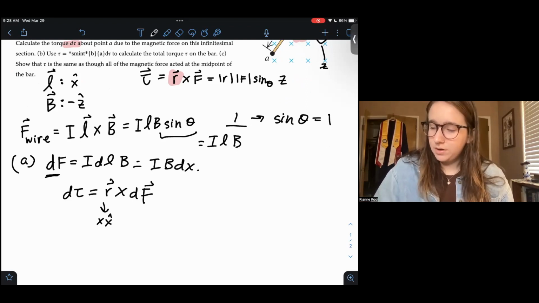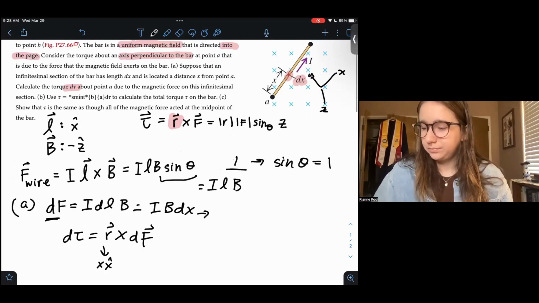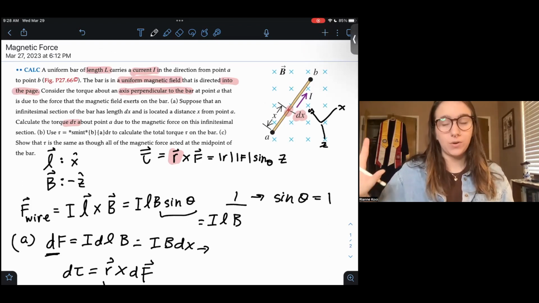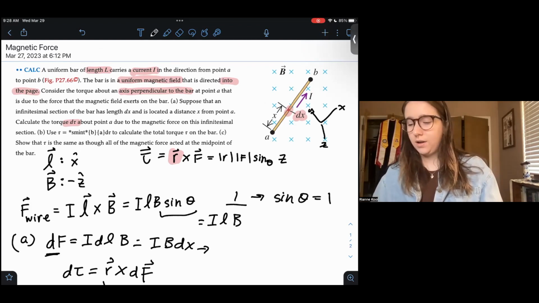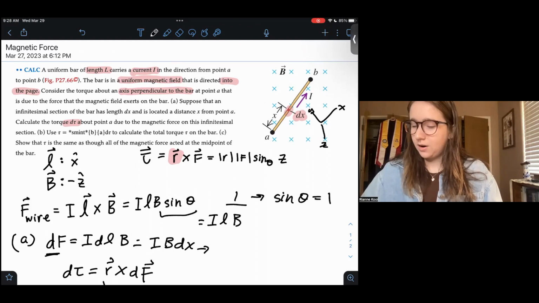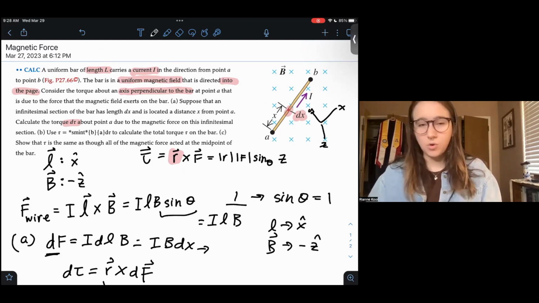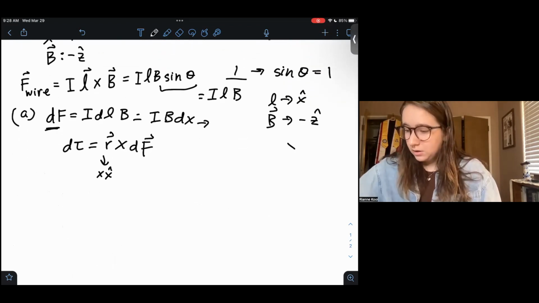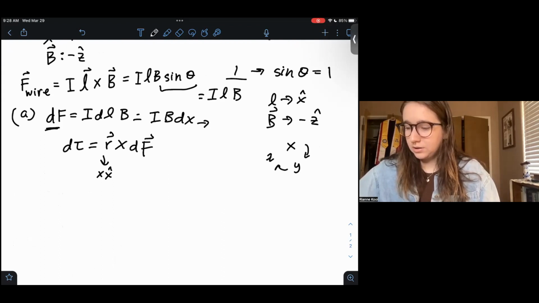And if we remember our force, we didn't talk about it yet. So what direction is our force going to be in? Well, when we did our cross product, we know that our L vector is in x hat. Our B vector is in negative z hat. And I'm going to use a trick that I outlined in the last video, which is this trick using unit vectors.